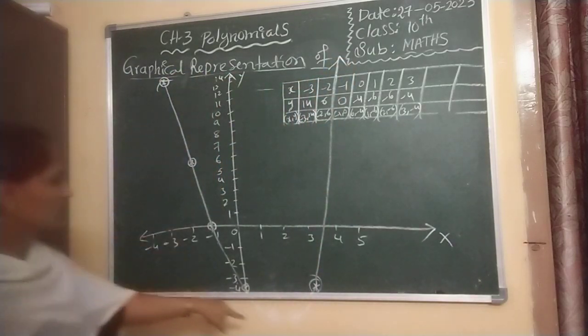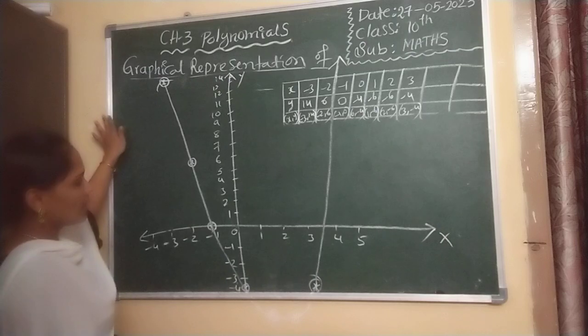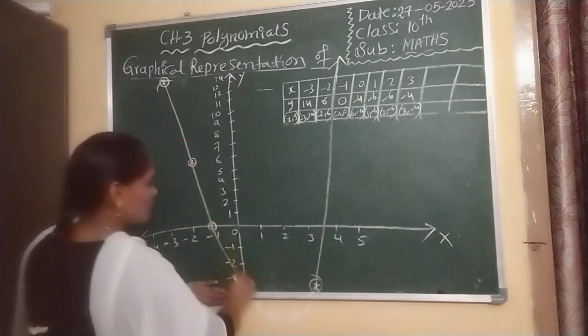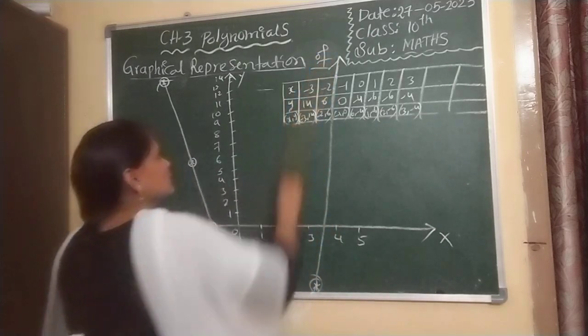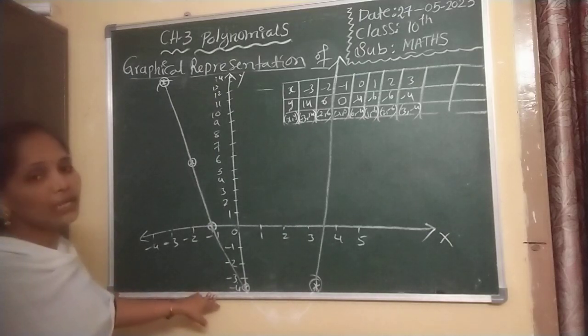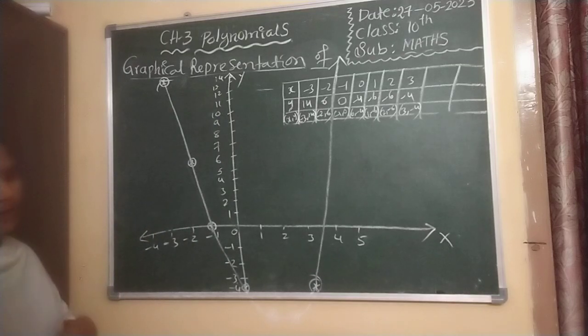See, you got a parabola. Yes or no? An upward parabola. So what I said is, for a quadratic polynomial, the shape of the graph will be a parabola. This we got as an upward parabola.